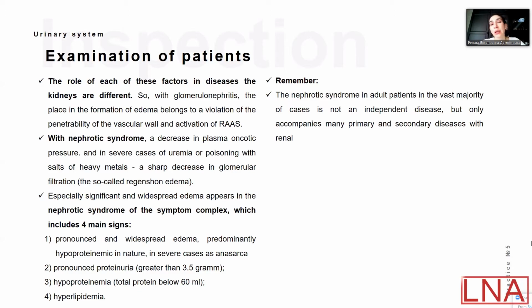Primary is connected with damage of the glomeruli, and in most cases it's glomerulonephritis. Secondary is a reaction to other problems. It can be secondary nephrotic syndrome on the background of tuberculosis, neoplastic forms, bacterial endocarditis, lupus nephritis, and so on.